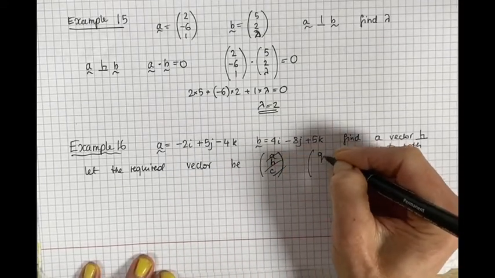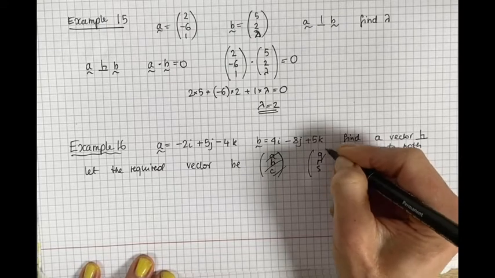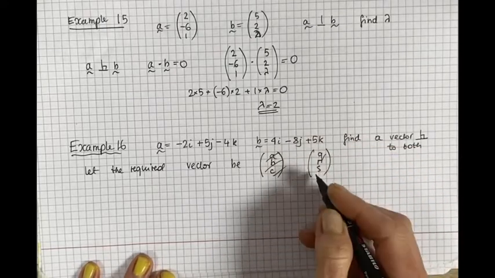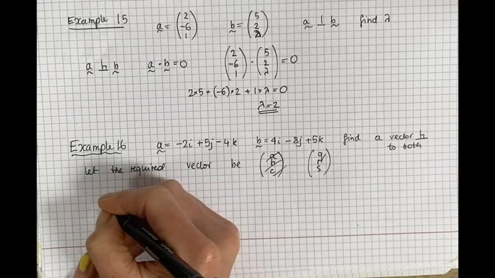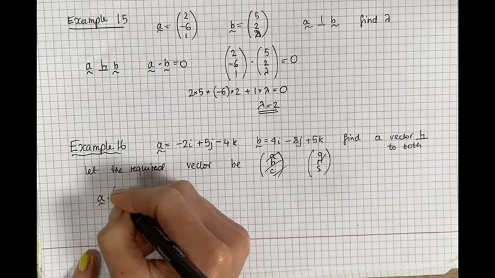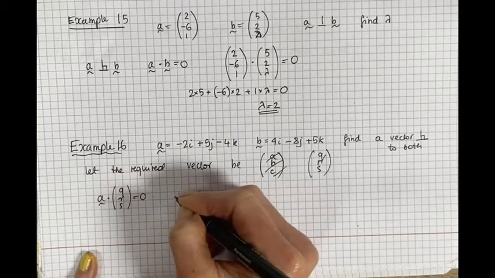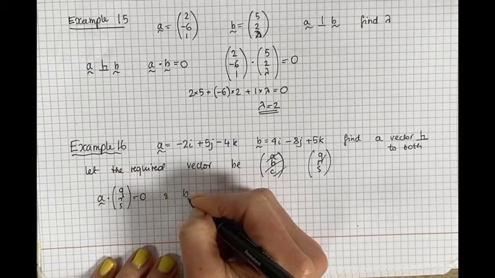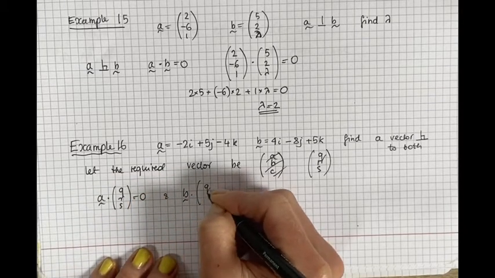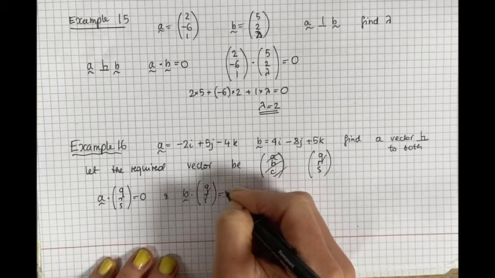It's Q, R, S. There you go. So if that's the case, then A dotted with Q, R, S needs to be equal to 0, and B dotted with Q, R, S is equal to 0 as well.